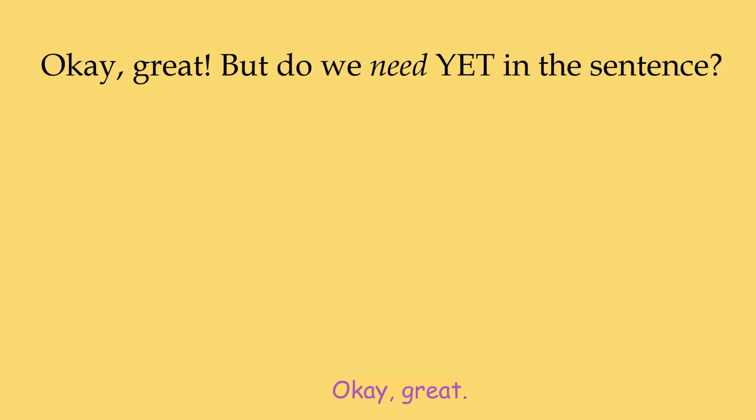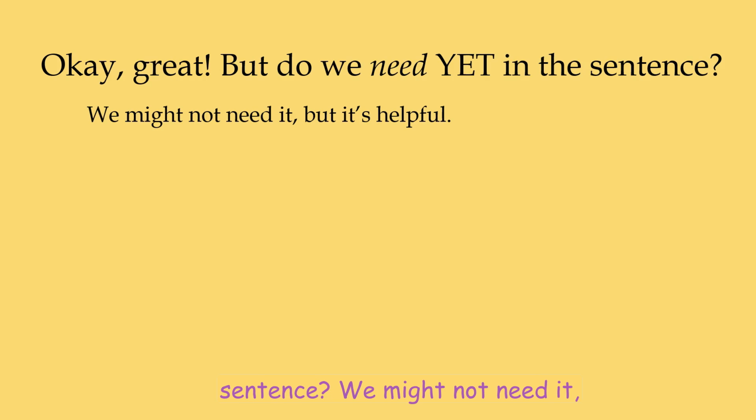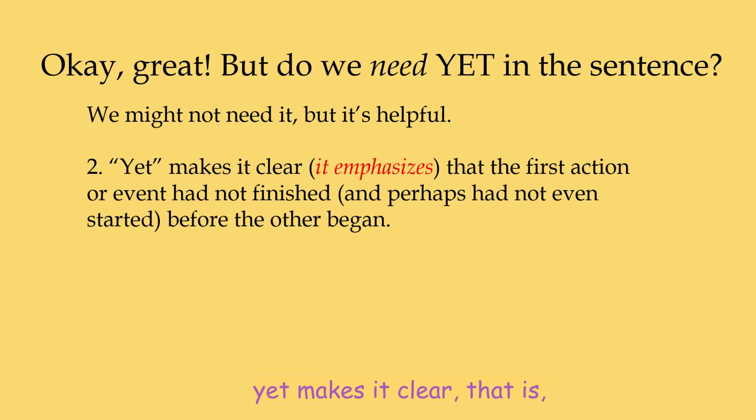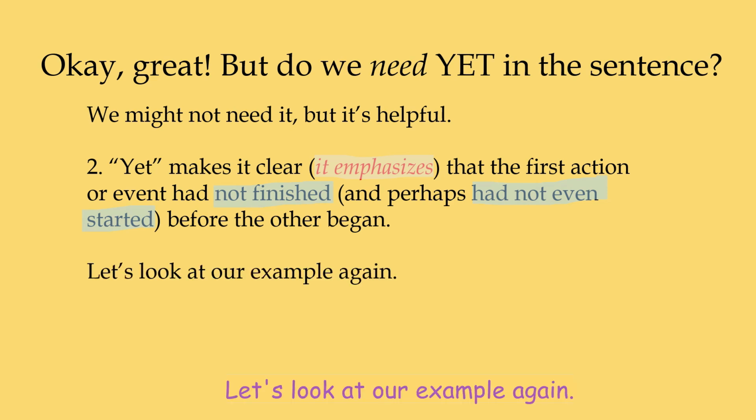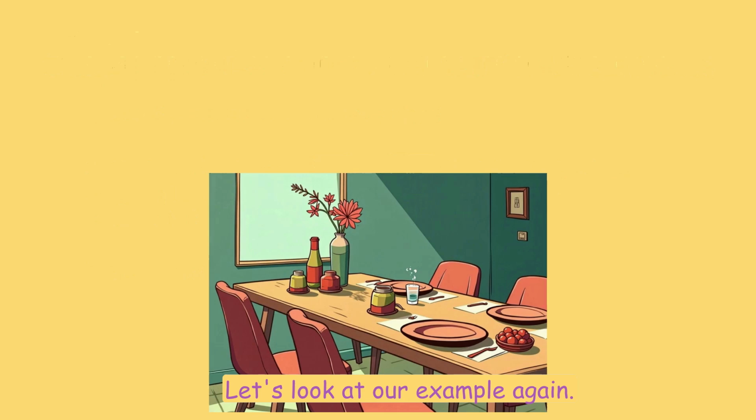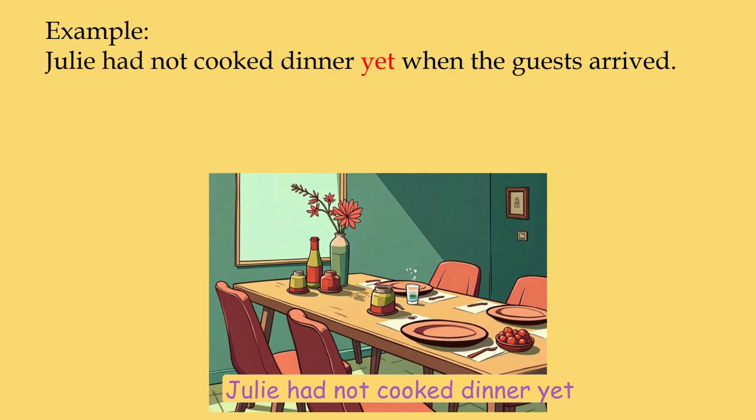Okay, great. But do we need yet in the sentence? We might not need it, but it's helpful. Yet makes it clear, that is, it emphasizes that the first action or event had not finished and perhaps had not even started before the other began. Let's look at our example again. Julie had not cooked dinner yet when the guests arrived.